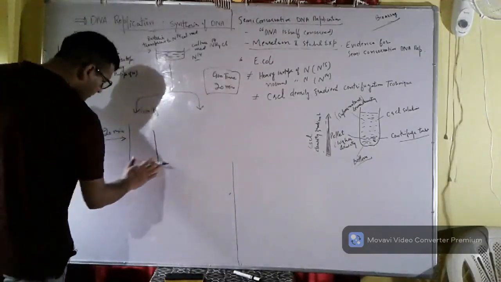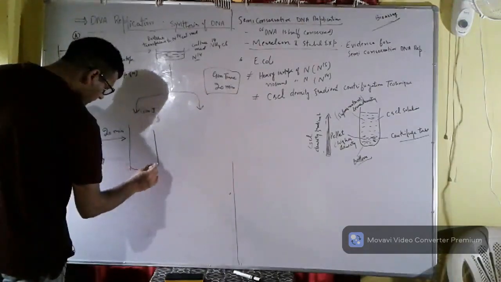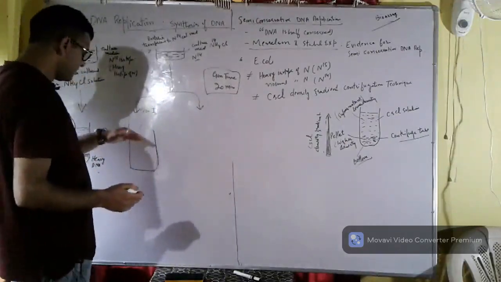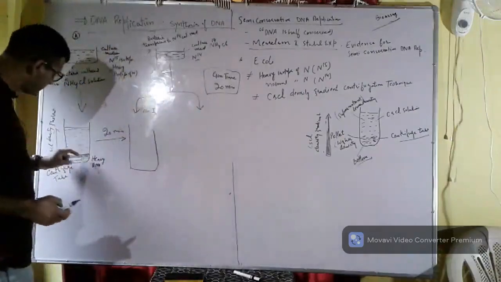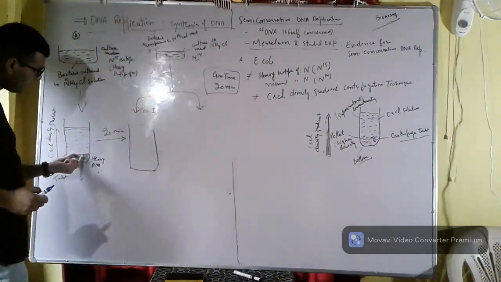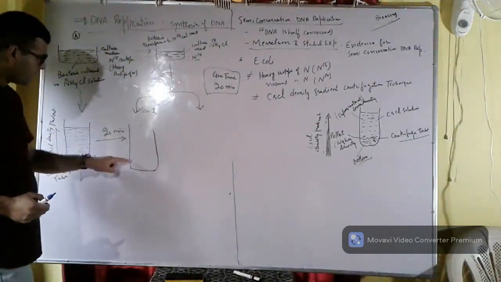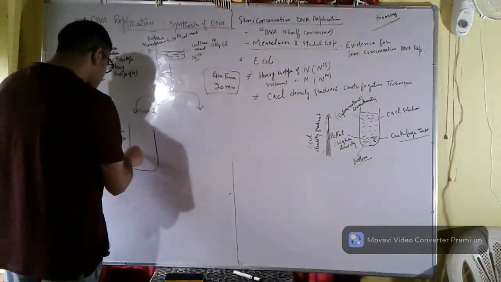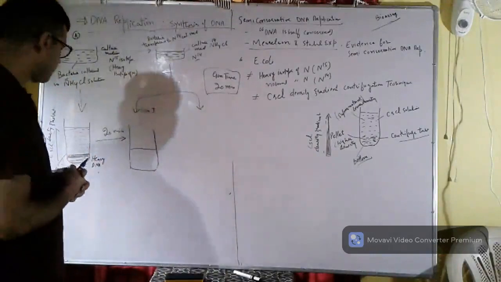And this hybrid DNA formed a band a little bit higher as compared to the band of the heavy DNA. This heavy DNA formed a band here, but this DNA, hybrid DNA, formed a band a bit higher in the cesium chloride solution.